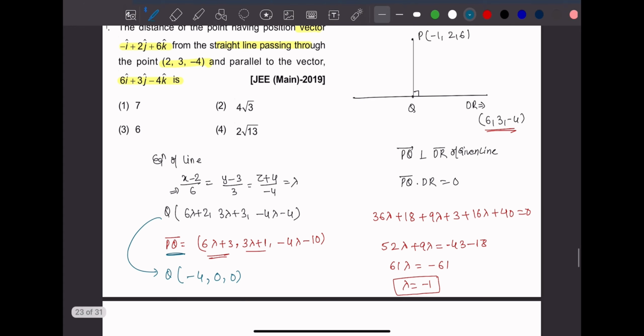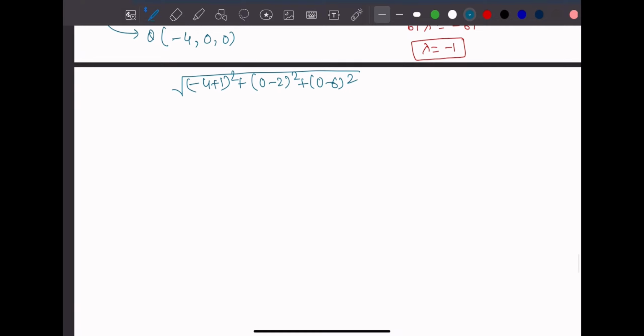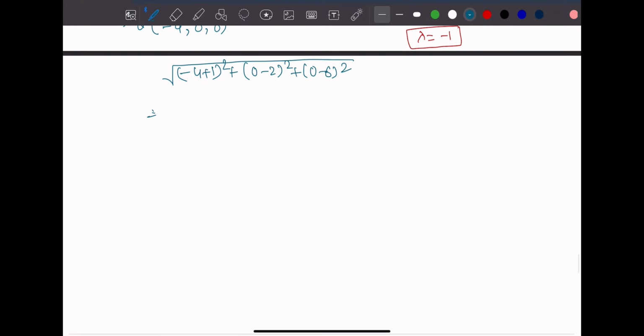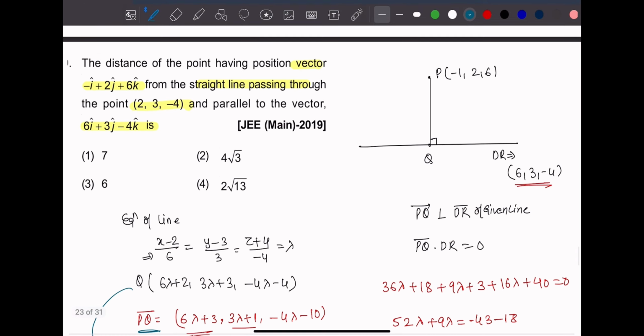Distance between P and Q: minus 4 plus 1 whole square, 0 minus 2 whole square plus 0 minus 6 whole square, and root. So we are getting root over 9 plus 4 plus 36, which means root over 49, which is equal to 7 as the answer. So the answer of this question is 7.